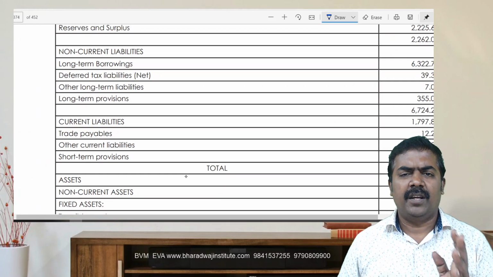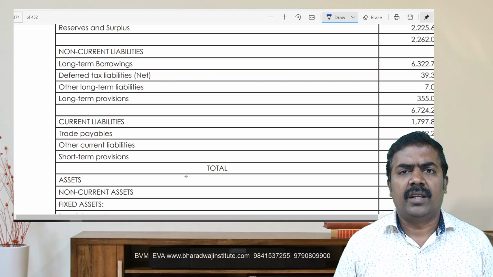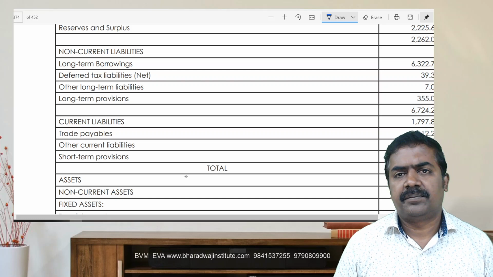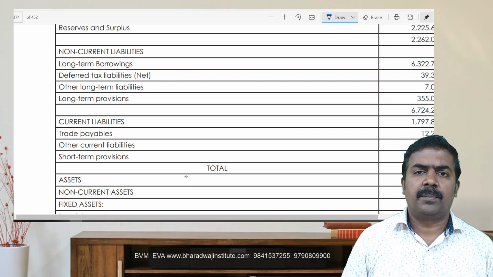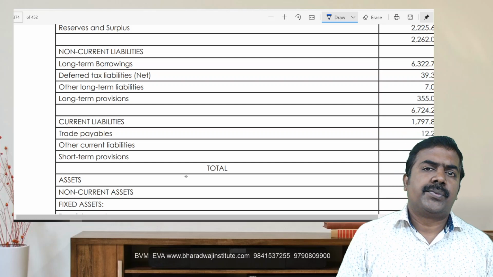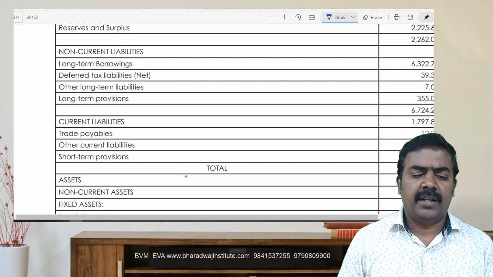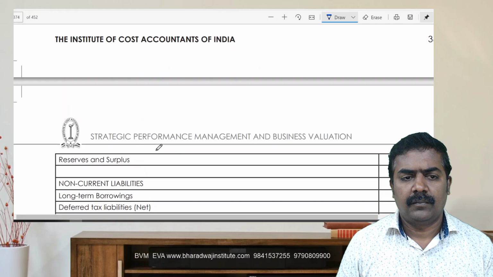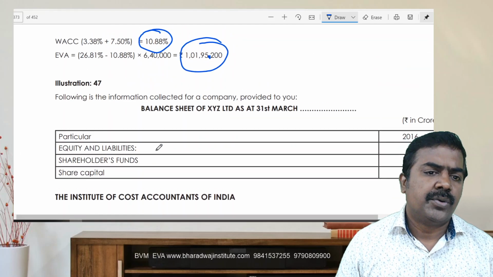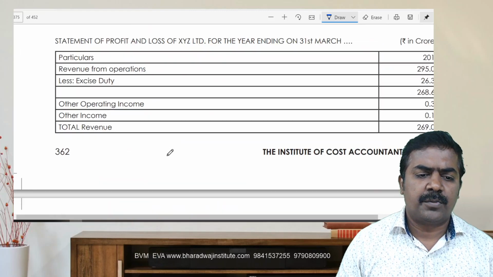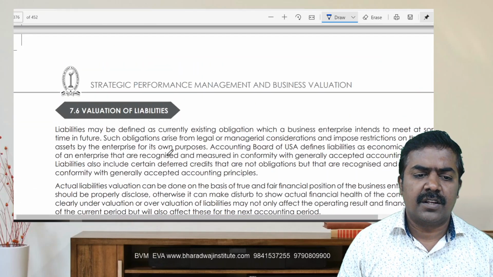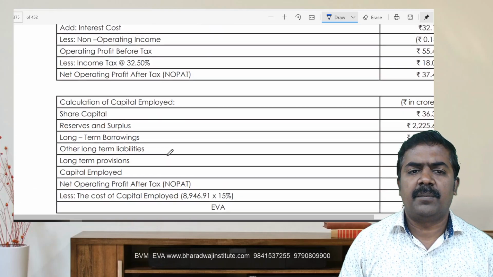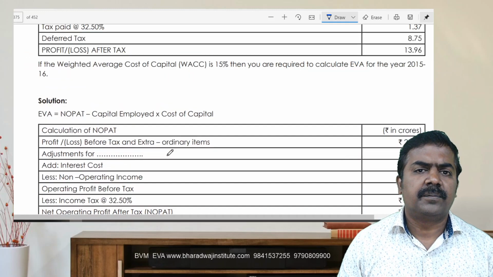Just simple, NOPAT you have to work out, then you have to work out capital employed, then calculate return on capital employed, then the difference can be taken as EVA. This is the last problem, I hope, in your study material. After this there is no problem, it is only valuation of liabilities, that's a theoretical one.